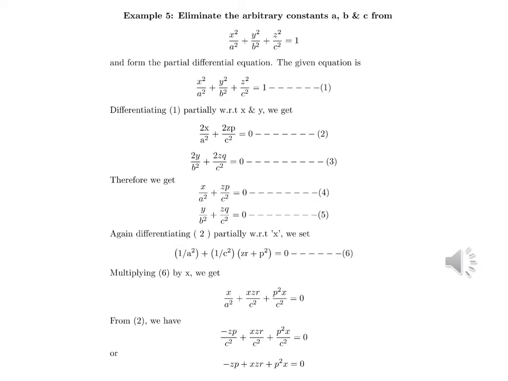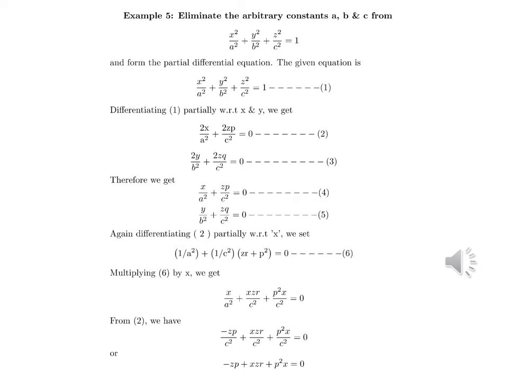But we already have from equation number 2, even from equation number 4, x by a square plus zp divided by c square equal to 0. That means instead of x by a square you can substitute minus zp by c square.